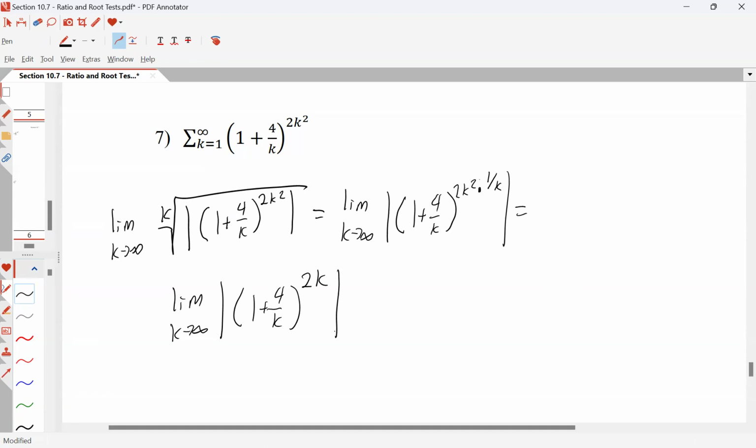Now, in this situation, as stated before, these absolute values are not really doing much here because we're going to infinity. Nothing is making this negative anymore. We can get rid of those absolute values.